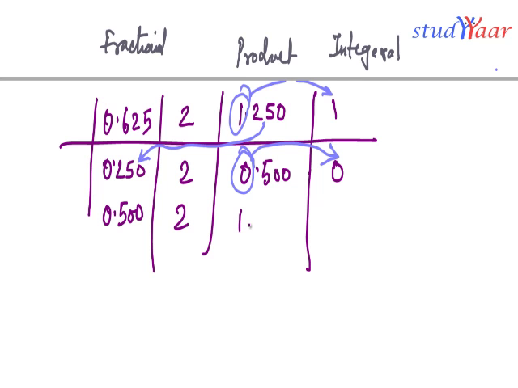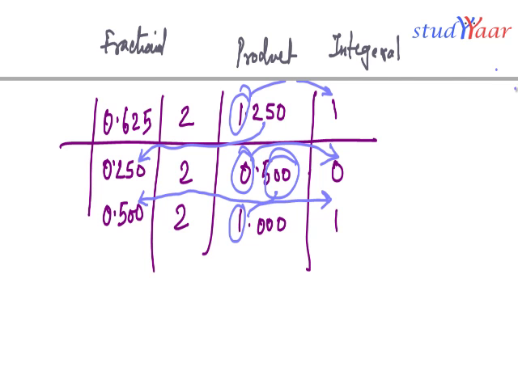Next I am going to write over here 0.500 multiply by 2. What do I get? 1.000. What is the integral part? The integral part now is 1.